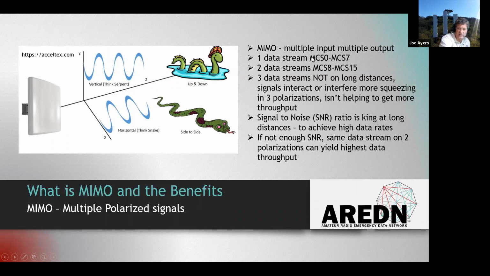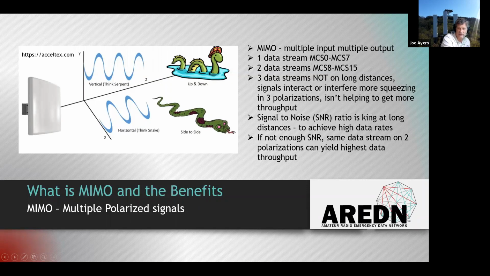Now I'm going to show a slide. These are the modulation coding schemes. It's the table of all the different forward error correction bits and which modulation we're using. The spec, in 802.11n, has MCS 0 through 7 as one data stream out both polarizations. 8 through 15 is 2 data streams.